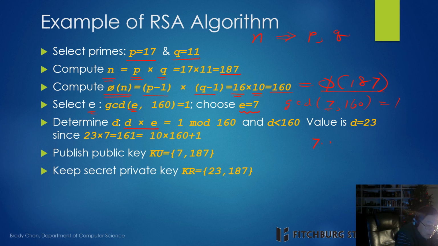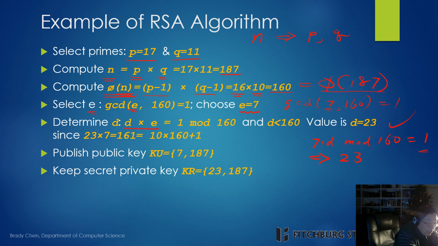We find the 7 times D such that 7 times D mod 160, phi of n, is 1. So we actually find that D is 23. Okay, you can verify this. 7 times 23 mod 160, whether it's 1. It is true. Okay.